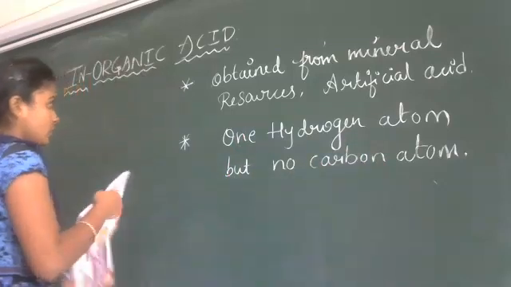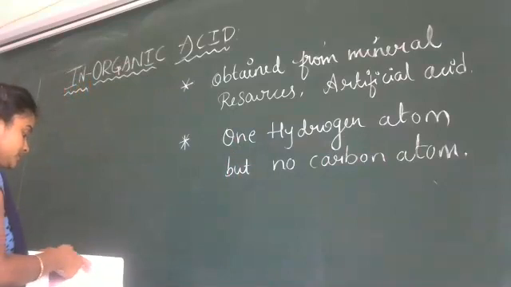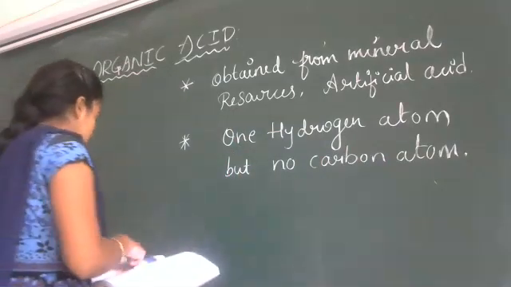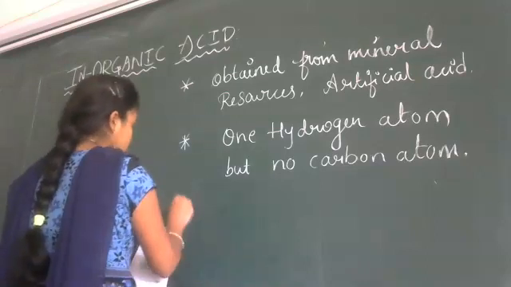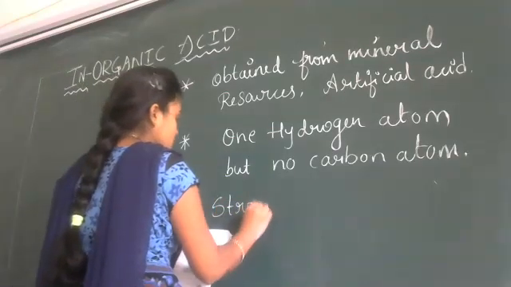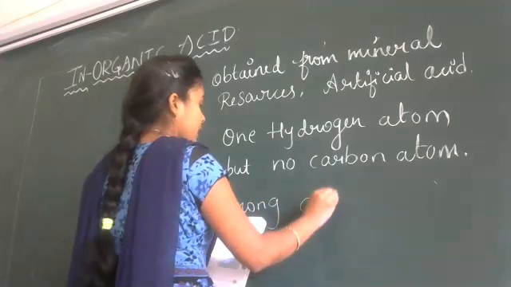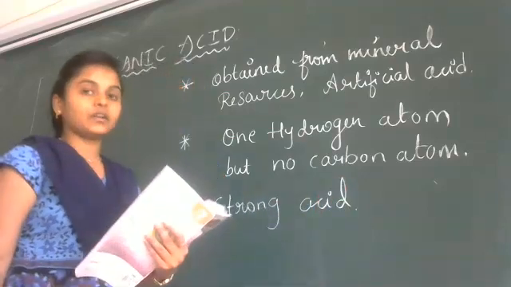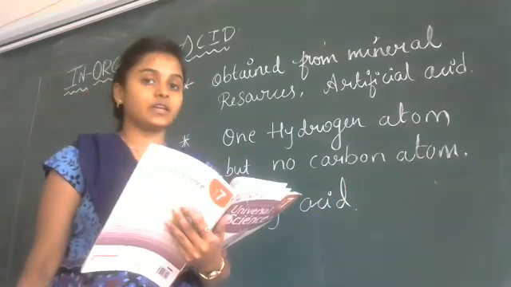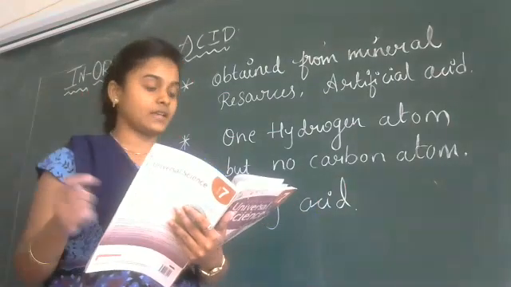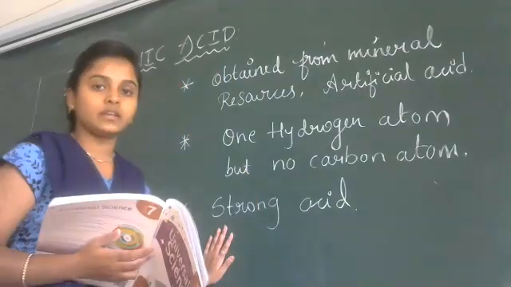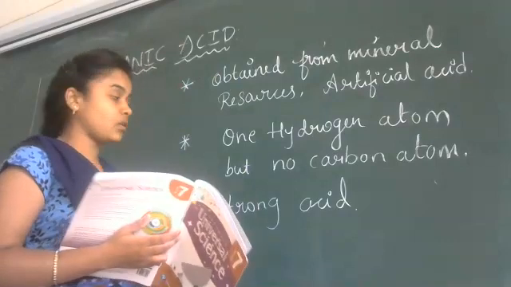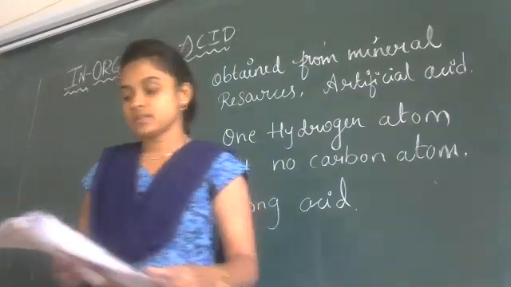The next point to be noted is that most of these acids are strong acids. Organic acids, we have seen, are weak in nature or weak acids. But the inorganic acids, or artificial acids, or mineral acids, are strong in nature, also called strong acids.